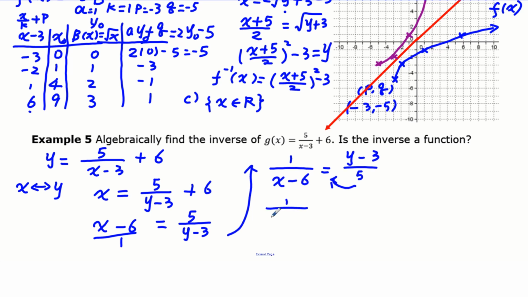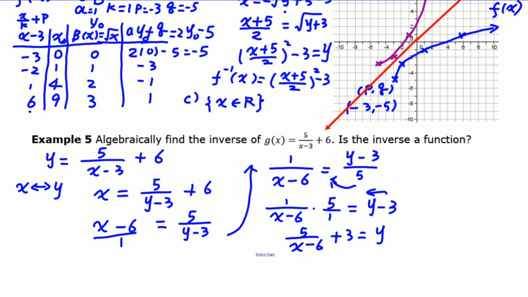So 1 over x minus 6 times 5 equals y minus 3. We move the minus 3 to the other side. We have 5 over x minus 6 plus 3 equals y.